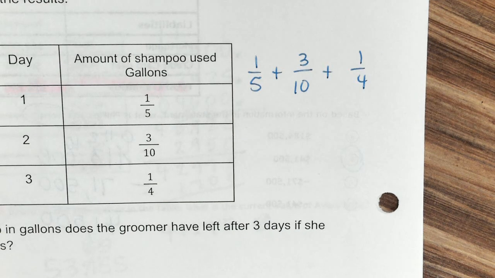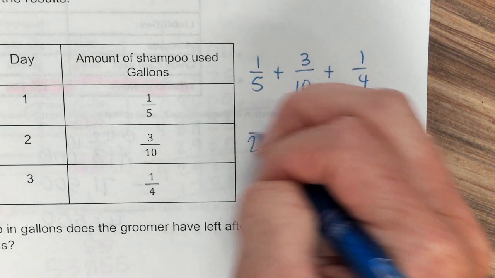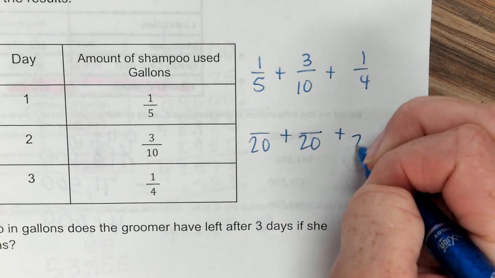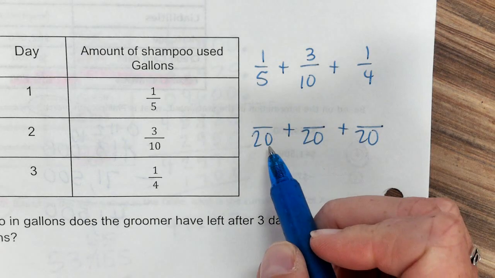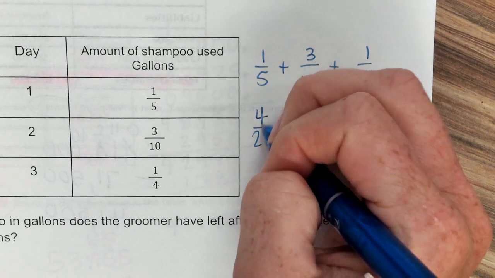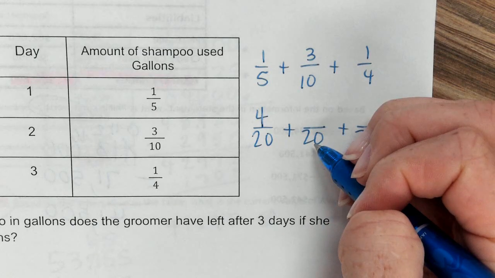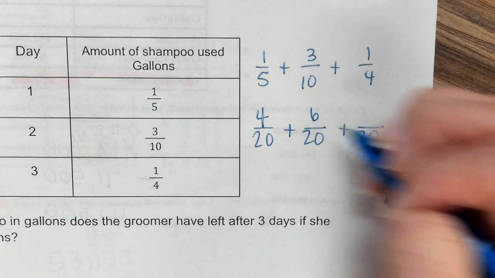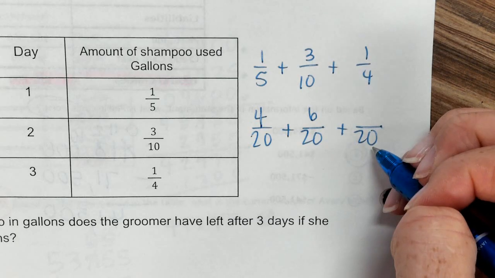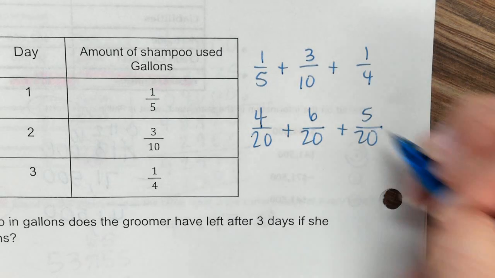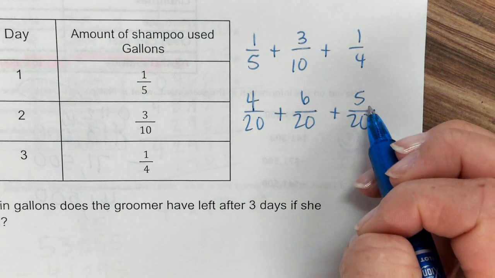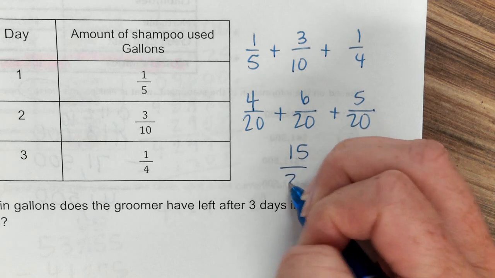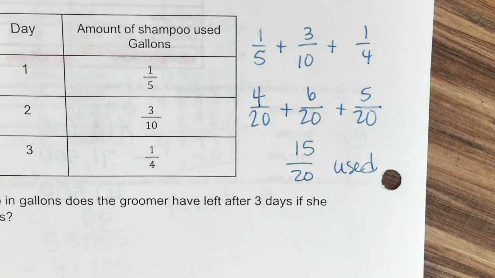They can all be turned into 20. 5 times 4 is 20, so 1 times 4 is 4. 10 times 2 is 20, and 3 times 2 is 6. 4 times 5 is 20, so 1 times 5 is 5. If I add these together, 6 plus 4 is 10, and 10 plus 5 is 15. So I have 15 over 20 was used.